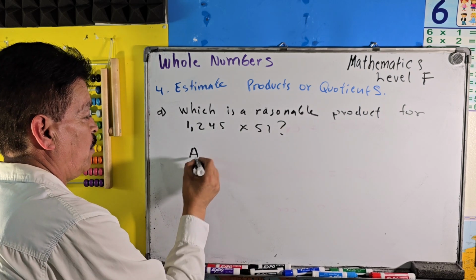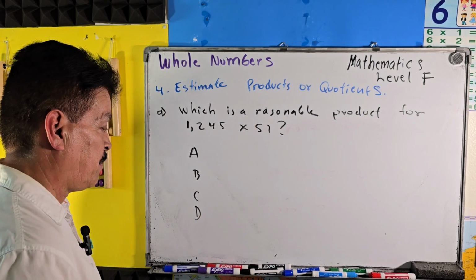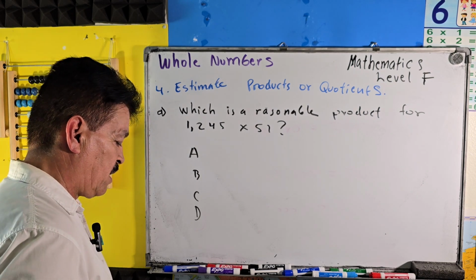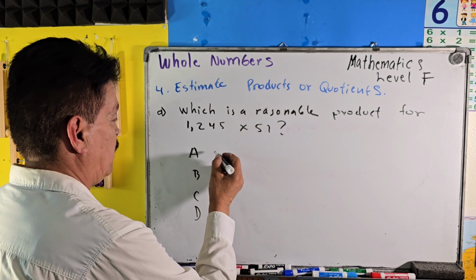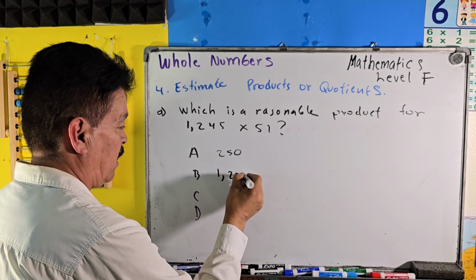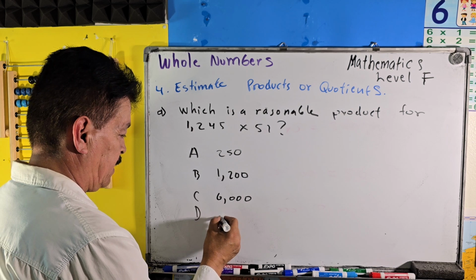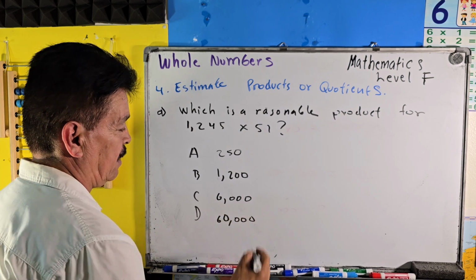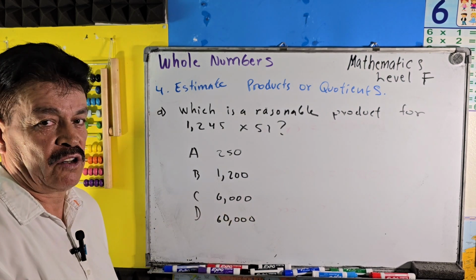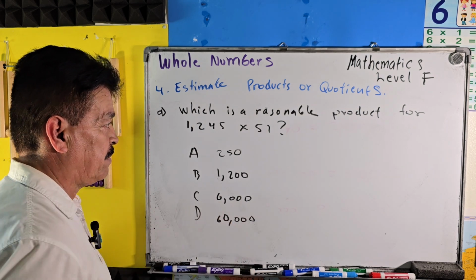We will have 4 possible answers. The first answer is 250, then 1,200, 6,000, and 60,000. All right. 2 of these are very close, and 2 are far away. So what is the right answer?